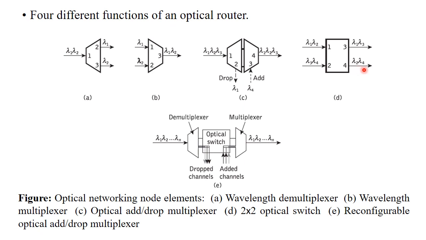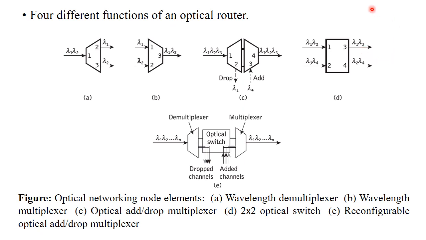Now here we can make an assessment of what has happened. Let us start with the lambda 1, lambda 2 input, and on the exactly opposite side the corresponding output is lambda 1, lambda 3. That means a change in the wavelength has happened. So this clearly indicates multiplexing, demultiplexing, add and drop operation.